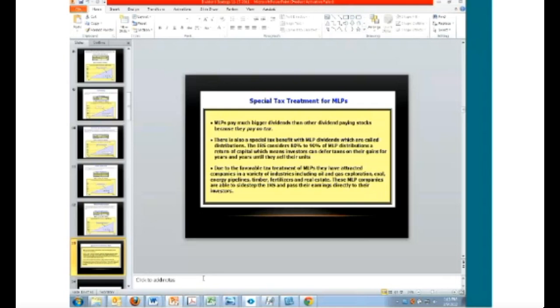And just like the REITs, these MLPs, they're able to sidestep the IRS and pass their earnings directly to their shareholders. So that's why these, I think, these two categories of dividend-paying stocks have performed so well.